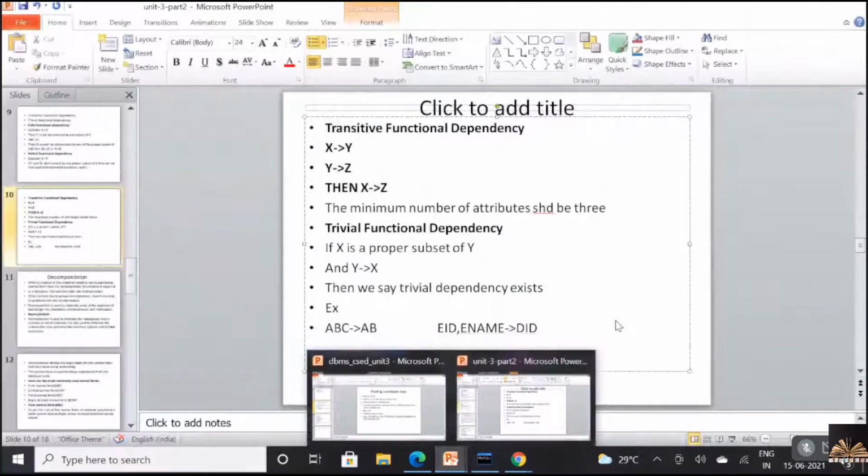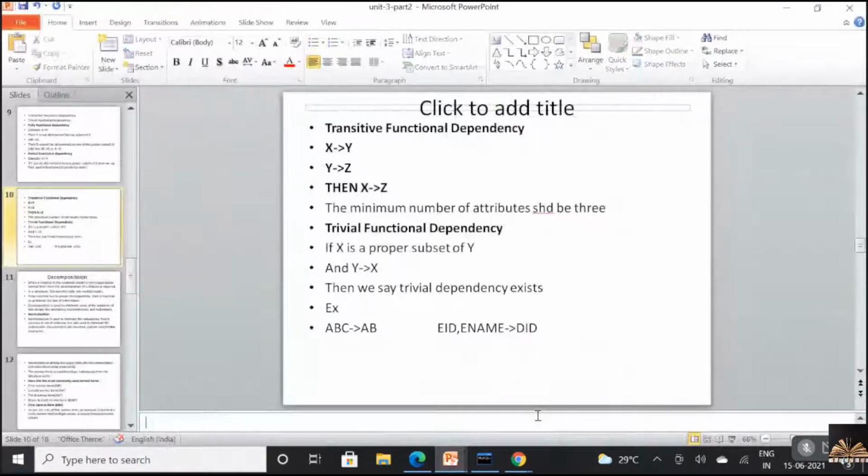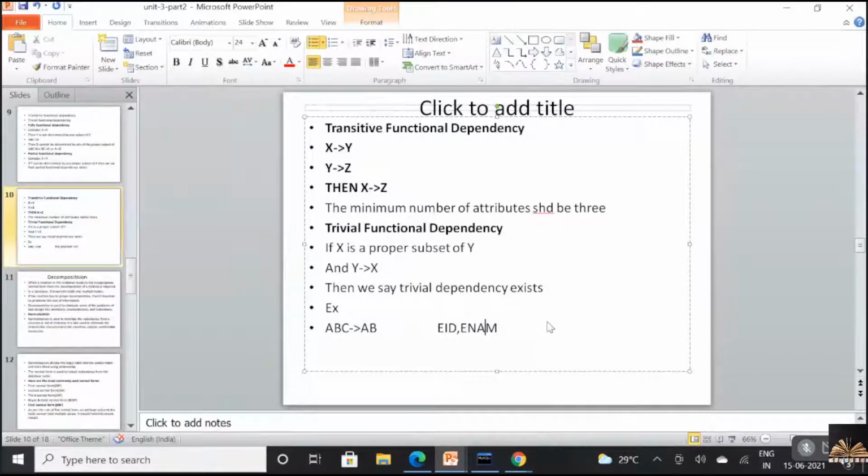Whenever I've got a functional dependency like A implies B, all of us know that this is an FD.